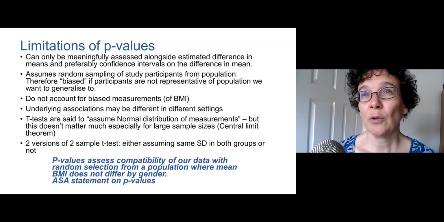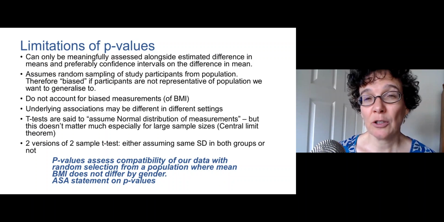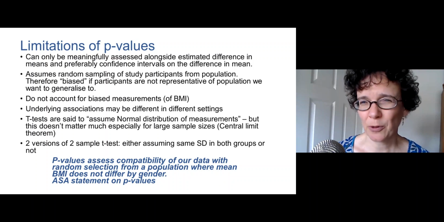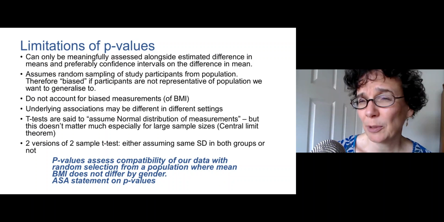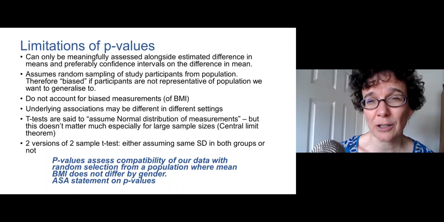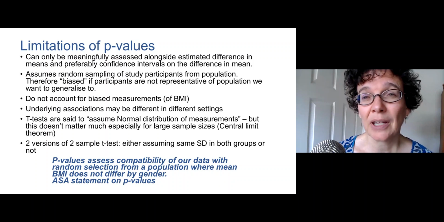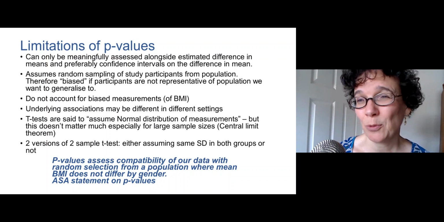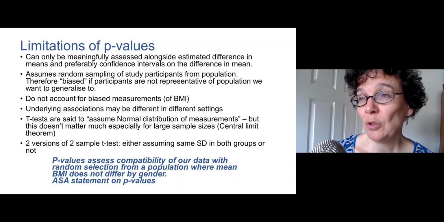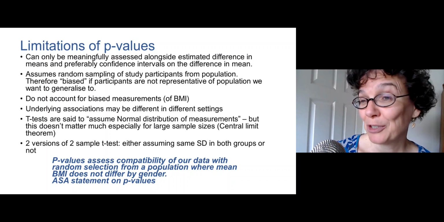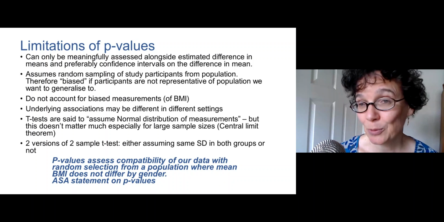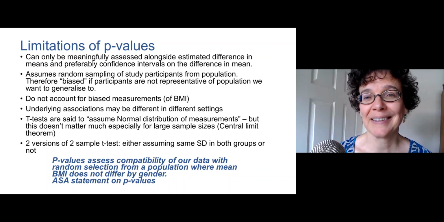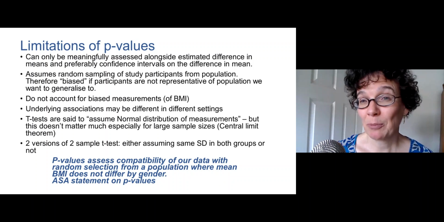Even surveys, which sometimes attempt random sampling, will have a certain amount of non-response or people not on the registers, which can cause a little bit of bias. They don't account for biases in measurement, and particularly any differential bias between men and women would be an issue. If they measured men and women in their shoes, and women more often wear high-heeled shoes, that would cause a differential bias in height measurements.